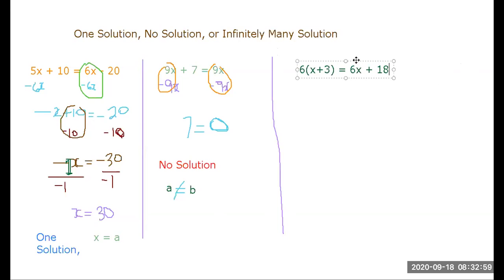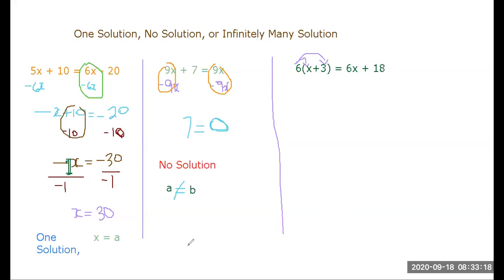Bam. And again, all we're doing is solving the equation. With this one, since there are parentheses, my first step is the distributive property. So 6 times x and then 6 times 3.